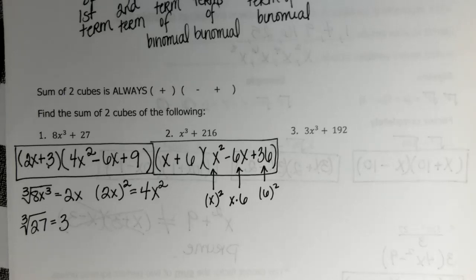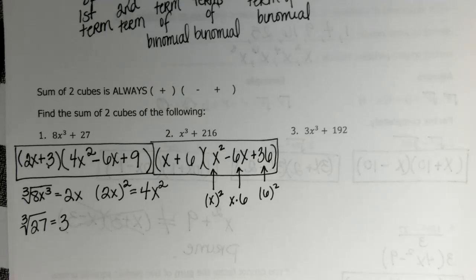You're good with that? Okay, try to do number 3. Okay, so 3 and 192 aren't perfect cubes.